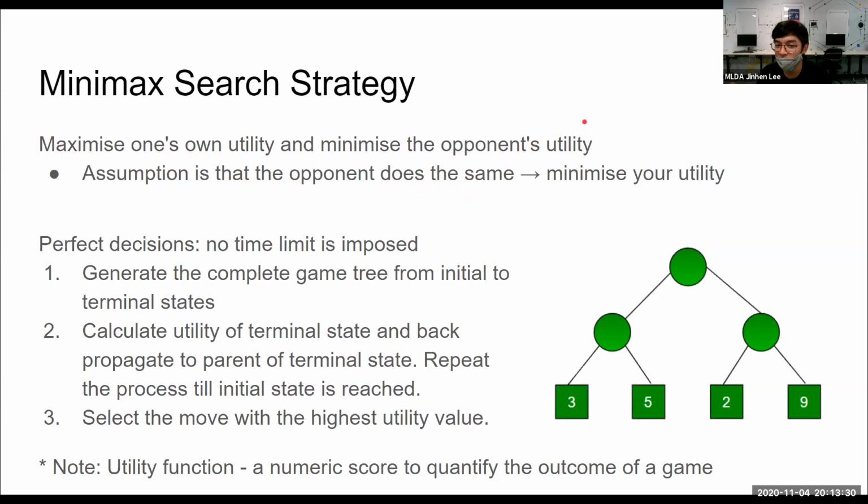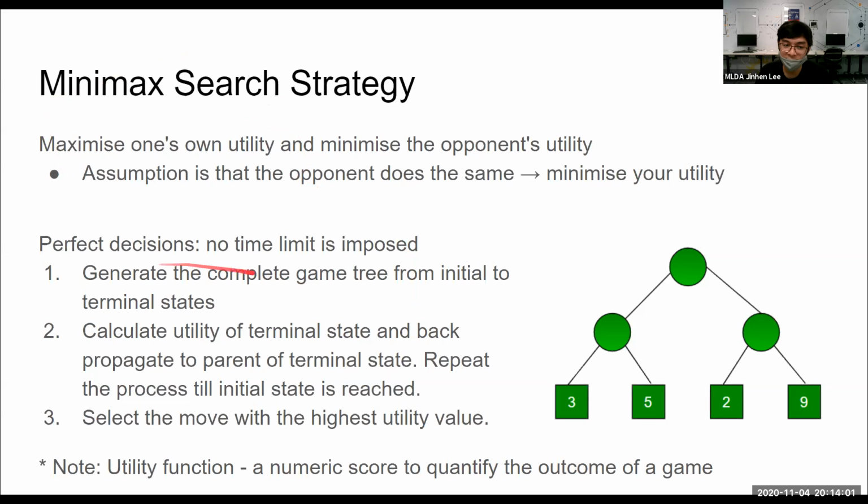But if the opponent is trying to maximize their utility, that means they're in a way minimizing your utility, right? So in certain rounds, we need to maximize our own utility, and in certain rounds, we need to minimize it because we assume that the opponent maximizes their own utility. That's why you have this back and forth of max and min. That's why this is called the min-max search strategy.